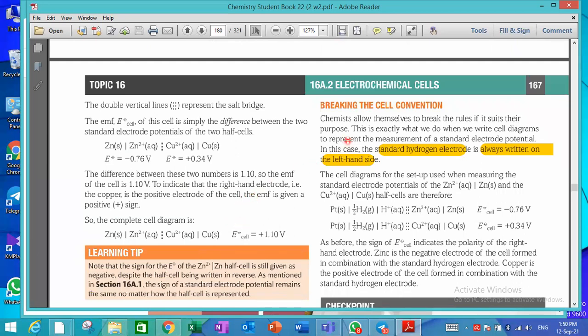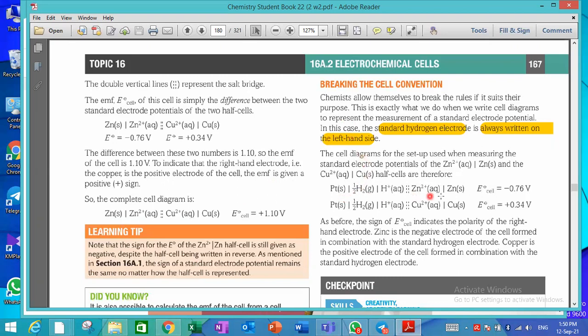Now here, when we write the standard electrode potentials, it means that we get a metal dipped in a solution of its own ions, and we measure it against the standard electrode potential.